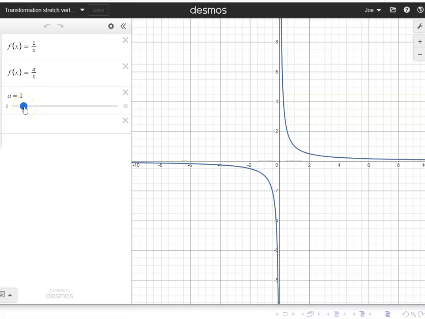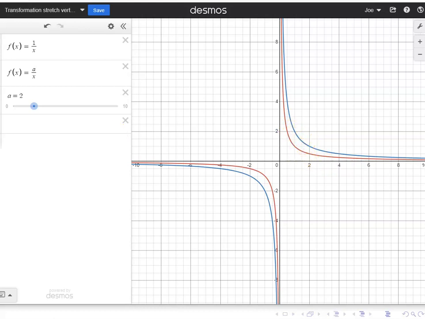Let's start pulling our a values to be bigger and bigger than 1, getting larger and larger. Remember, when we put larger and larger values on the inside of the function, we started smashing towards the y-axis. It was compressing it horizontally. But notice here, if I multiply everything by 2, the red's the original, we're getting bigger.